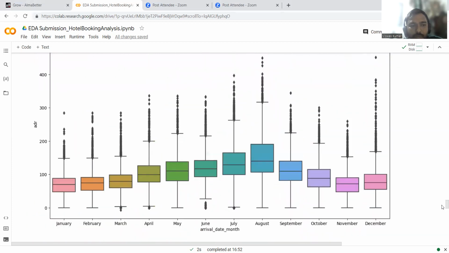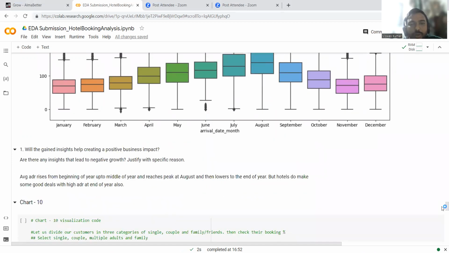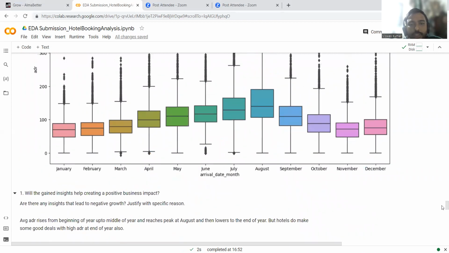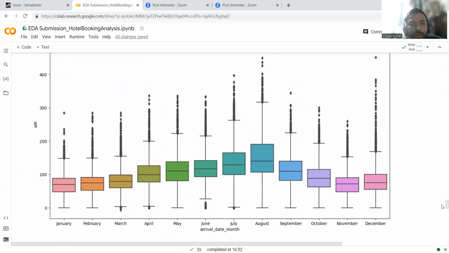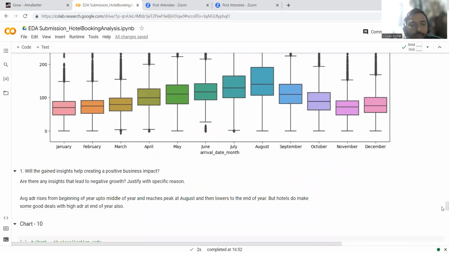Average ADR compared throughout the year is likely to be highest in August. So August has the most revenue generated in the whole year. So we have to plan accordingly to push the business, and make arrangements so that customers will have a good vacation in August.